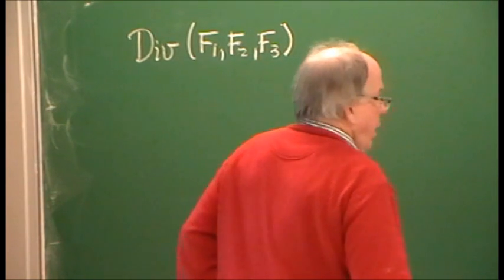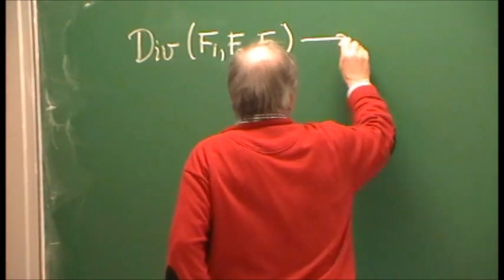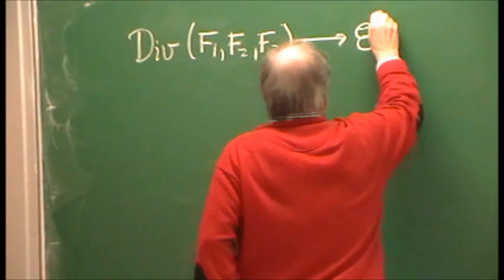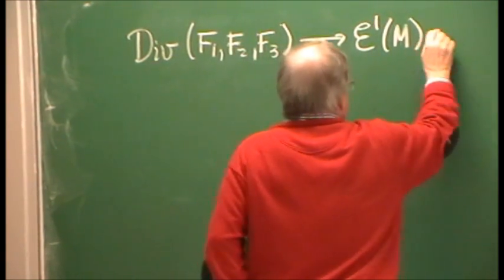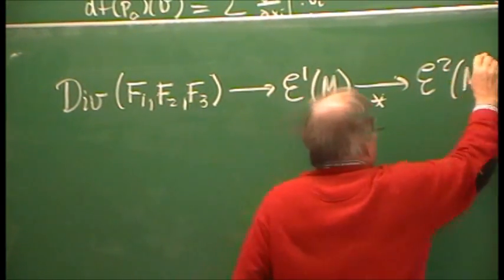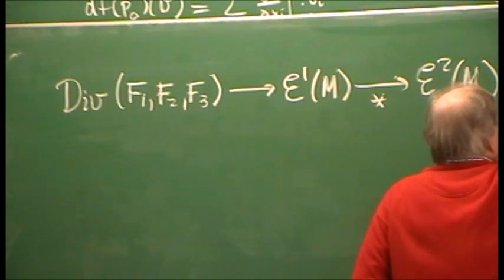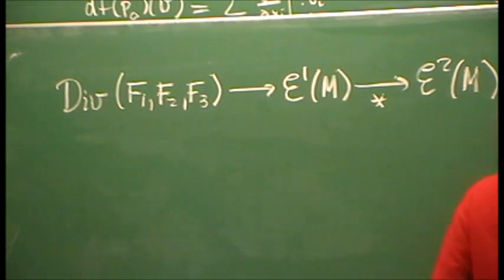Well, I have to identify this with a 1 form, and then we start with a 2 form, and D to get a 3 form, and then use the orientation to get a function.